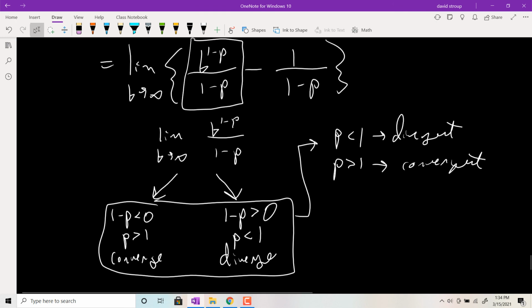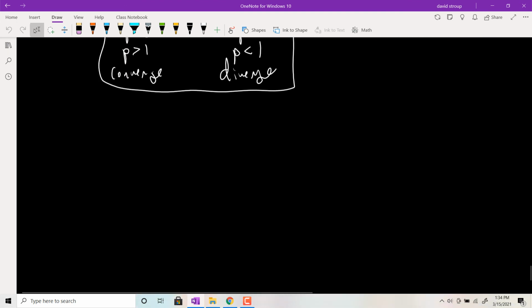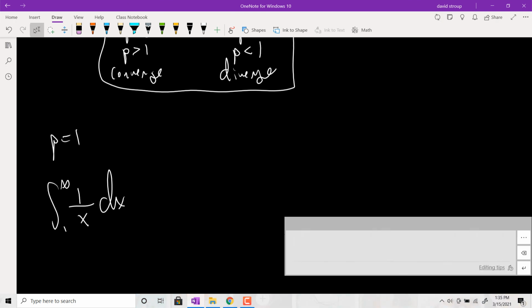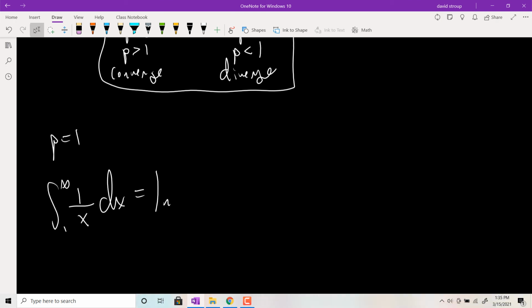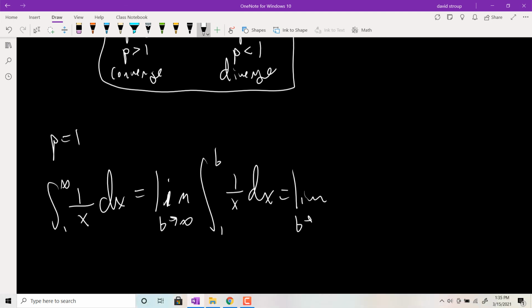The last case we need to look at is what happens when p is equal to 1. When p is equal to 1, it changes the integral. So we need to go back to our integral and evaluate this thing from 1 to infinity. This is the limit as b goes to infinity of the integral from 1 to b of 1 over x dx, which equals the limit as b goes to infinity of the natural log of x evaluated from 1 to b.